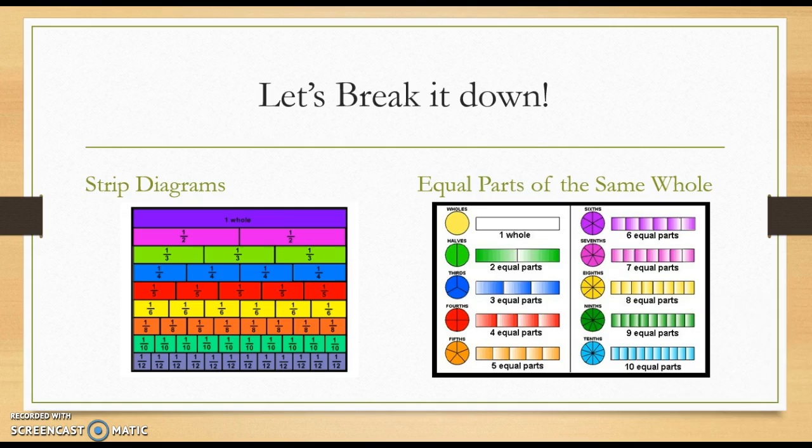Let's look at the 5 equal parts. Just because it's 5 equal parts on the rectangle doesn't mean it can't be 5 equal parts in the pizza. It might not look the same, but it's still 5 out of 5 or 3 out of 5. It's different fractions and different equal parts that can equal the same whole. It's just a different picture.